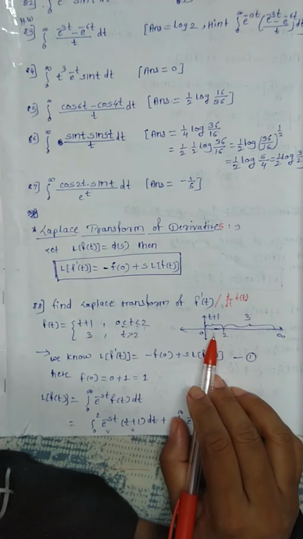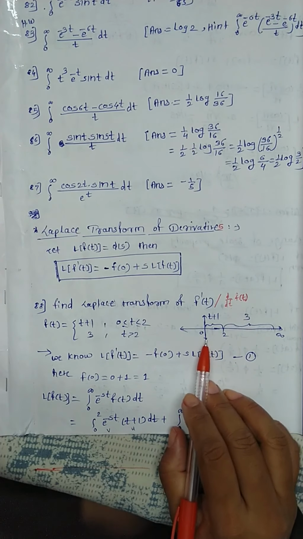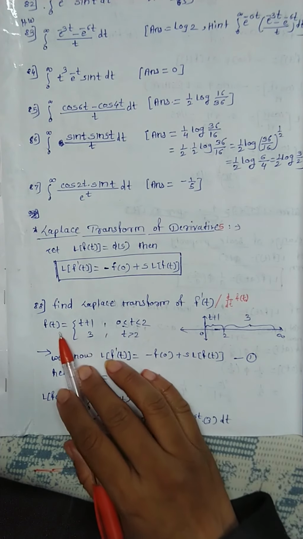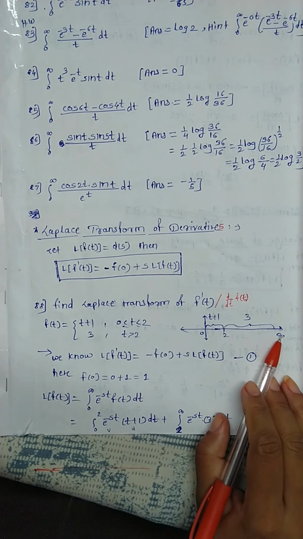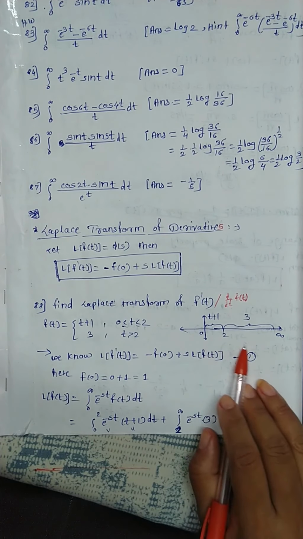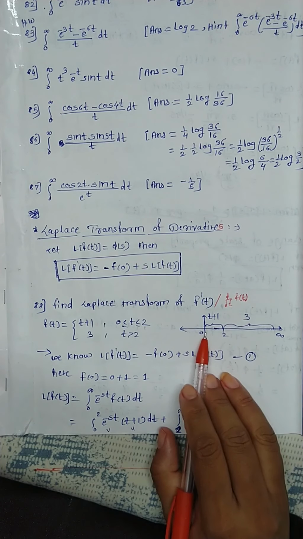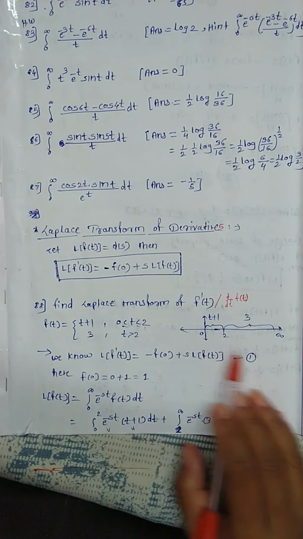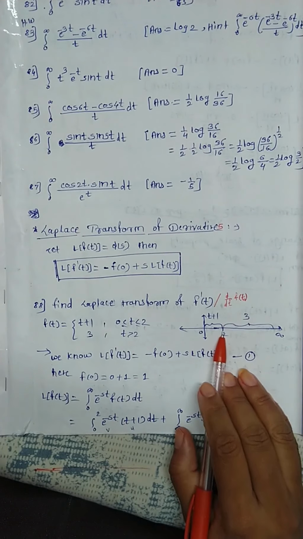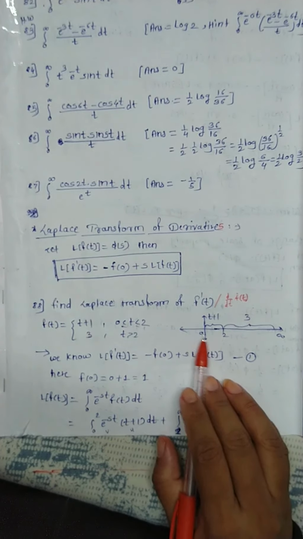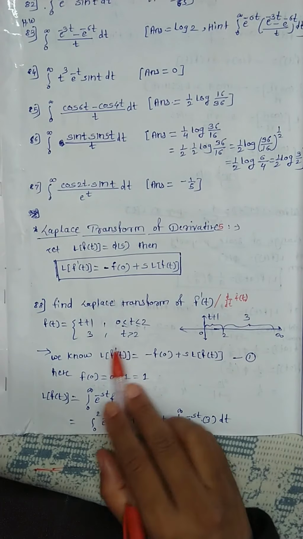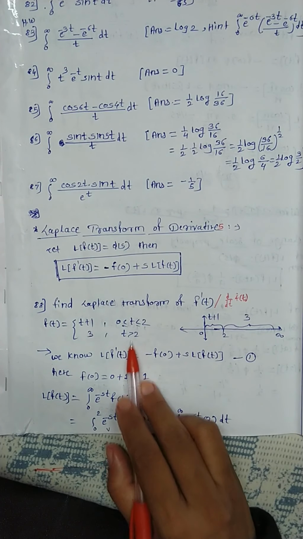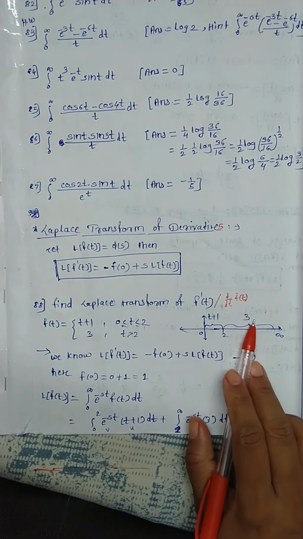If you draw this on the xy plane, suppose this is 0, this is of course infinity. Our Laplace interval is 0 to infinity only. We are not considering negative values. Suppose this is 2, then between 0 to 2 the function value is t plus 1, and greater than 2, means 2 to infinity, the function value is 3.